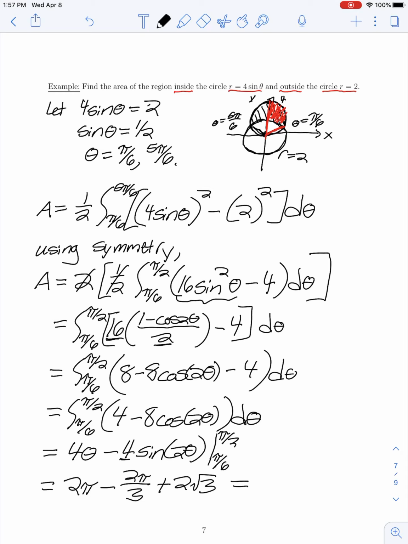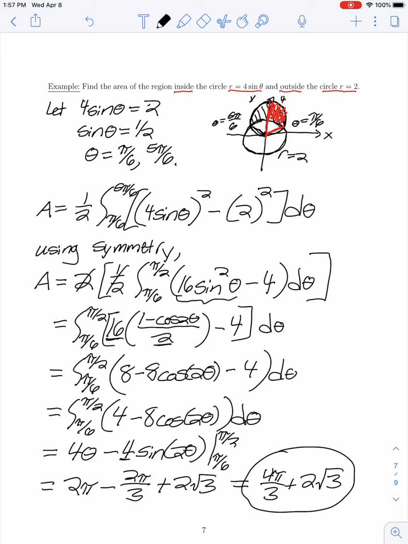And combining our first two terms, 2 pi minus 2/3 pi gives us 4/3 pi plus twice the square root of 3. So this would be the area of the region that lies between those two circles described in terms of those polar functions.